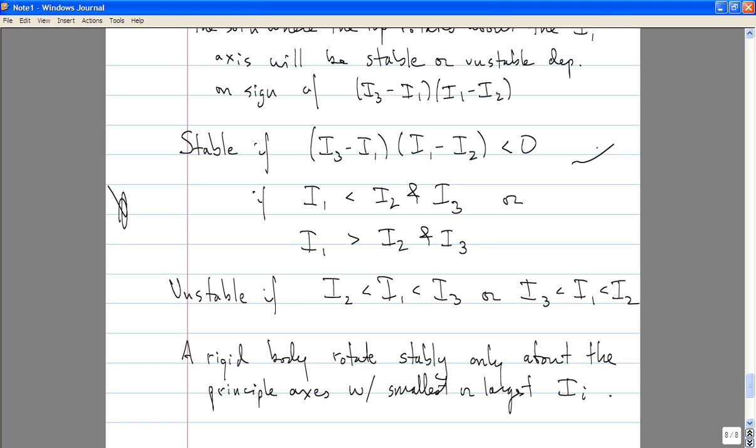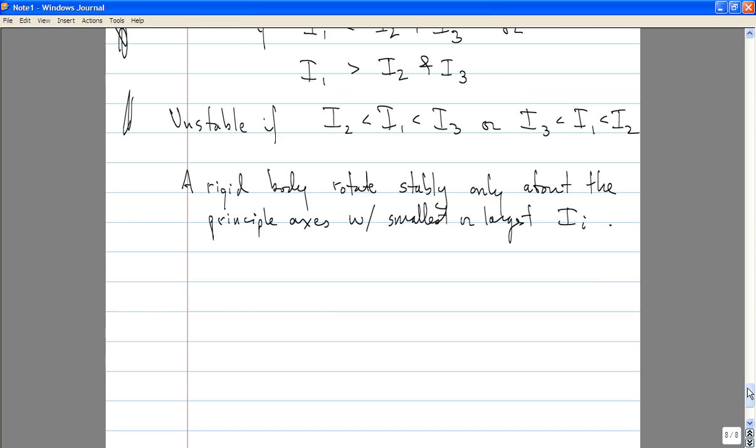Maybe the next thing I'll do is check which axis this thing rotates around in an unstable manner. Okay, well, it looks like I won't be able to erase. Oh, now I can't even write. I can write on one side but not the other. Okay. Anyway, was there a question?